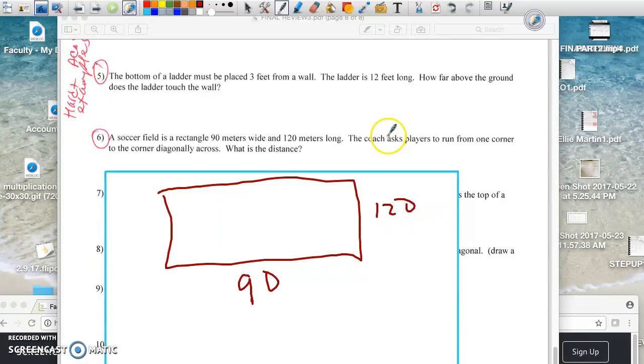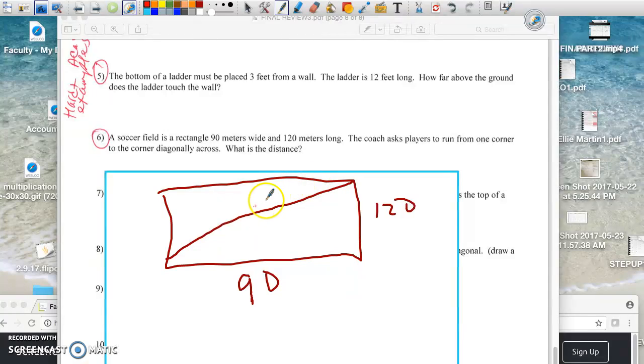The coach asks players to run from one corner to the corner diagonally across. What is the distance? Oh, so you mean the coach is asking them to run one corner diagonally, creating that triangle. And what is the distance?